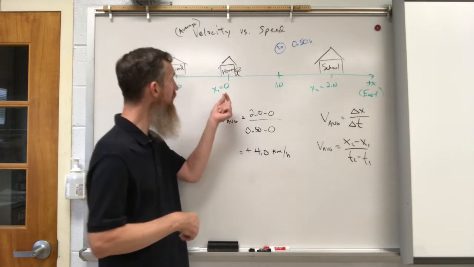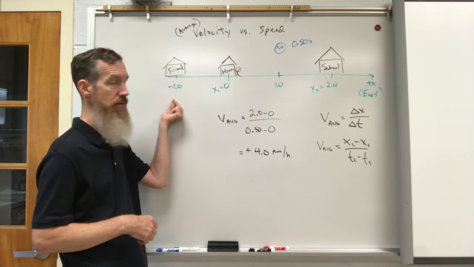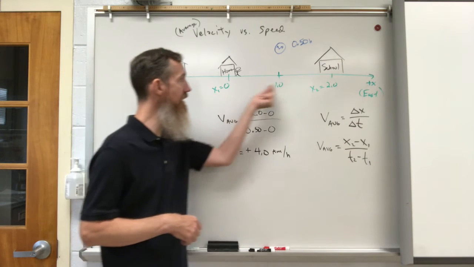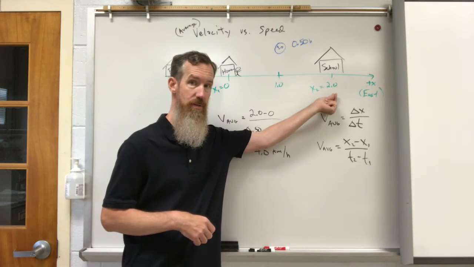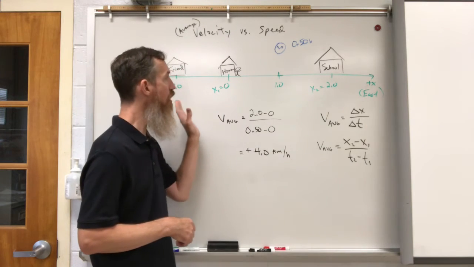Because your average speed is going to go from here to here, that's 1 meter. From here to here, that's another meter. And then to here, 2 more meters.